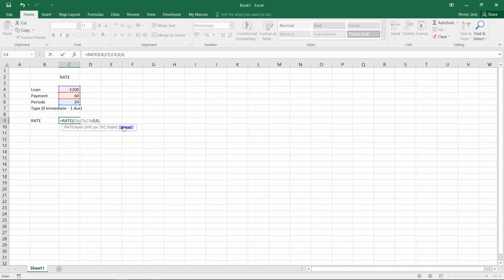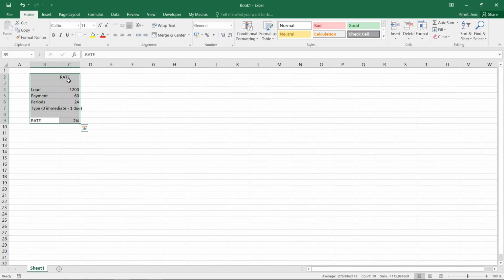So in this case, a guess would be a good choice. If we don't know anything, we could either enter 0 or leave this blank. If I then click OK, see here, this result leads to an interest rate of 2%.